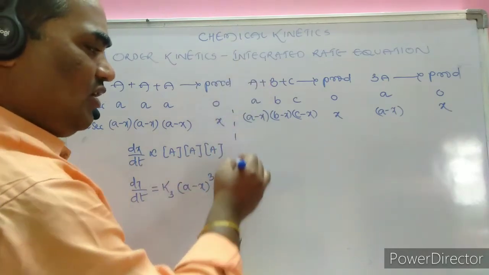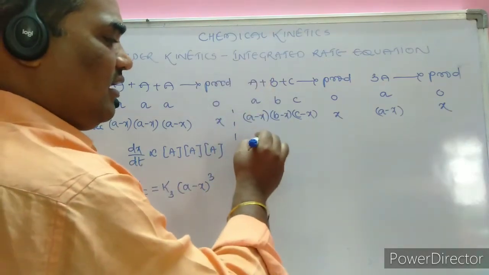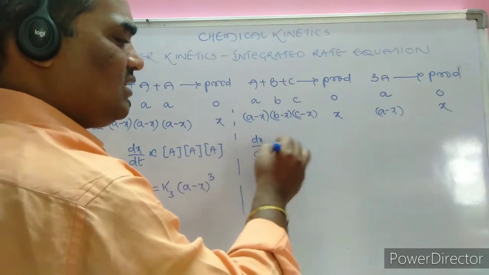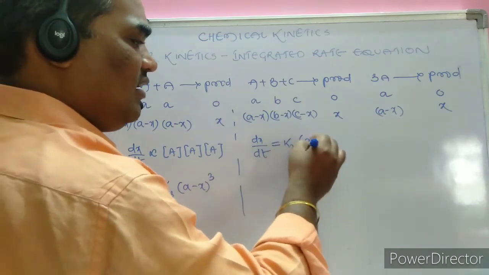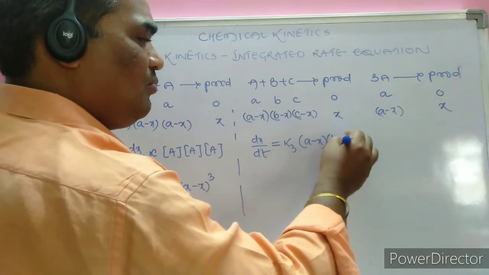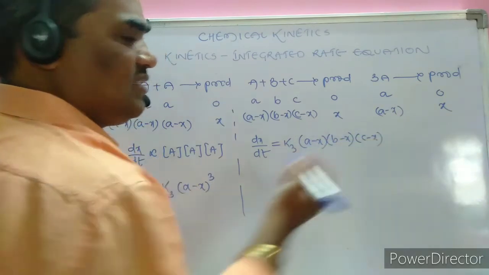And the second possibility: the rate is dx by dt equal to K3, A minus x into B minus x into C minus x.